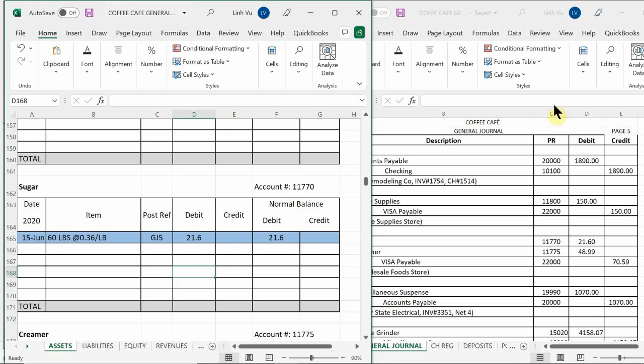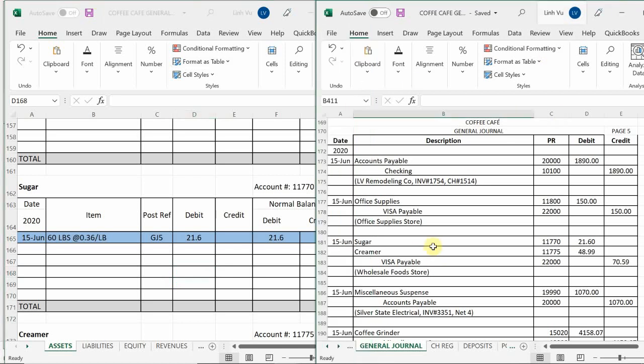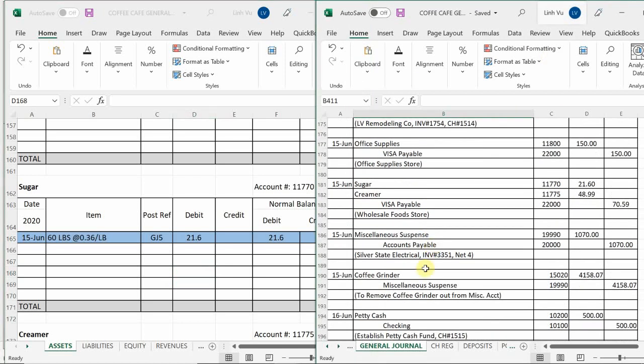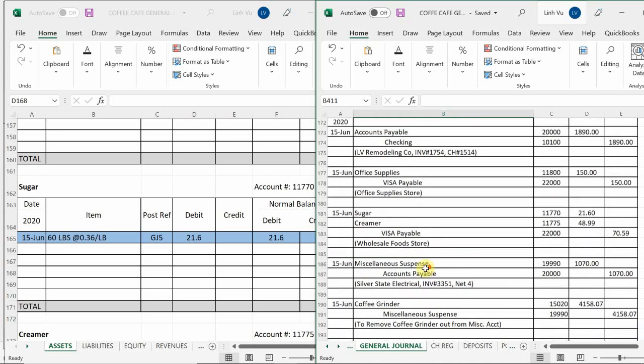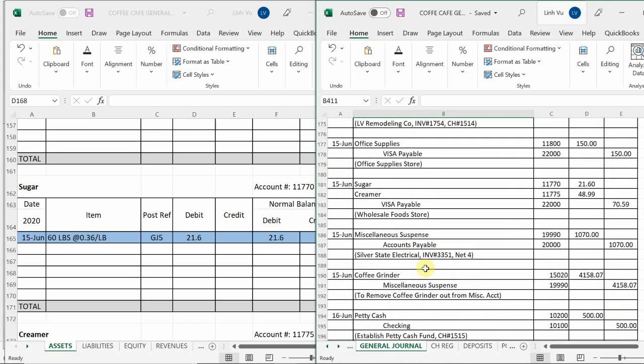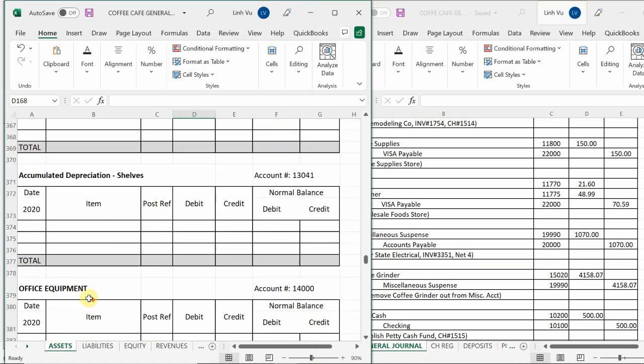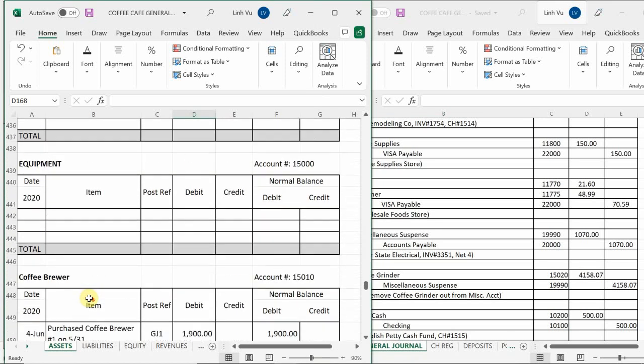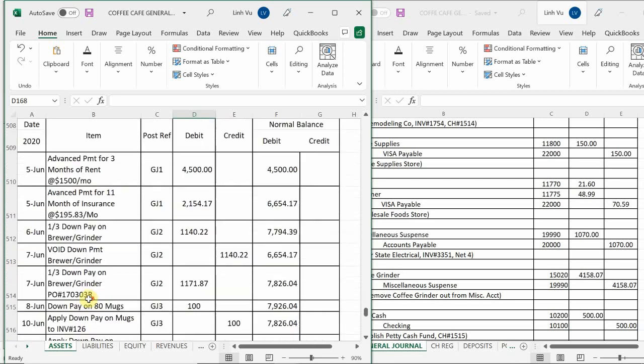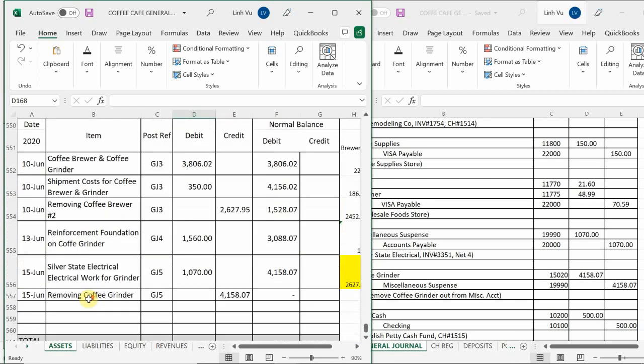Let's see, what else do we do? We had a miscellaneous expense account and accounts payable, and then we had the coffee grinder and the miscellaneous expense. So let's go ahead and go down here. So miscellaneous. Oh wait, over here.